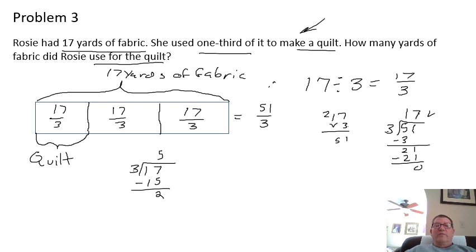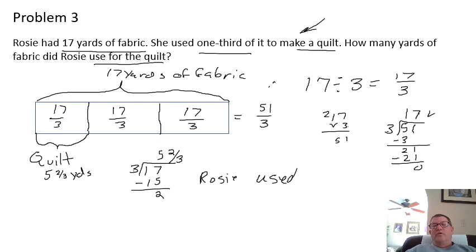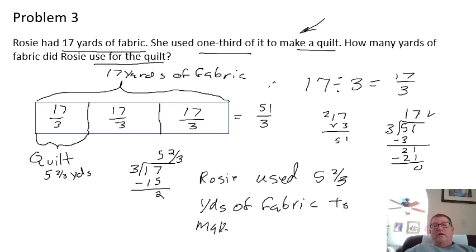So our remainder becomes our numerator, and our divisor becomes our denominator. So 5 2/3 yards were used for the quilt. So Rosie used 5 2/3 yards of fabric to make the quilt.